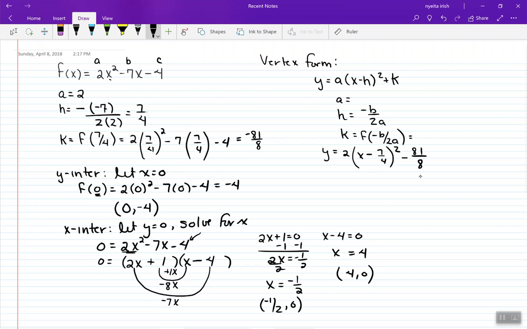All right, so I've got a rough idea of what this picture looks like. I have my intercepts. One is at negative 4, one is at negative 0.5, another one's at positive 4. I have a vertex at 1 3/4, and then negative 81/8.